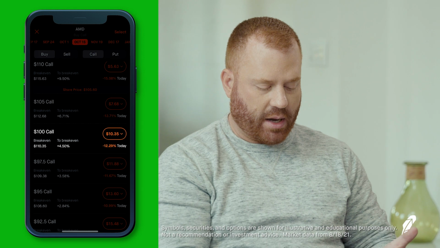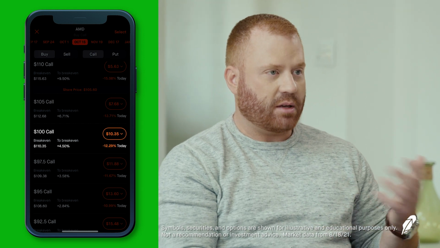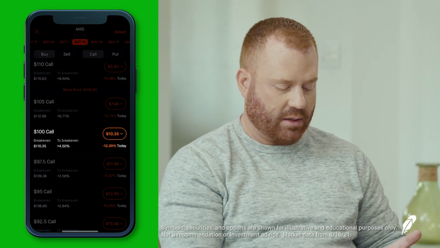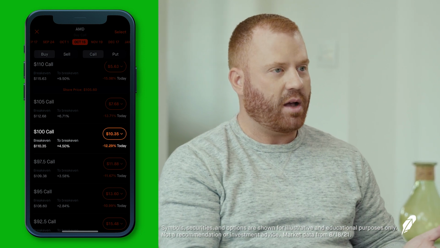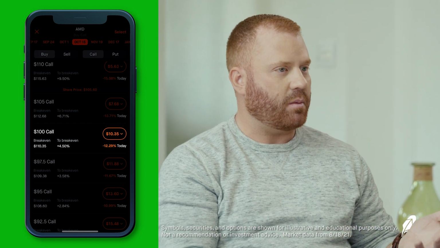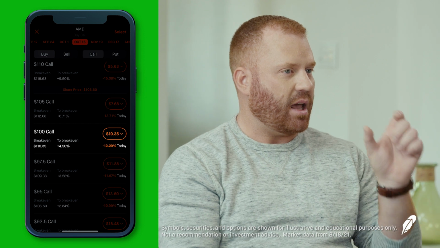They think, oh, I'll just buy this option for $10, exercise my rights to buy the stock at 100, and I could sell it for a $5.50 profit. But you paid $10.33 for the option because we're looking at options that expire in about 60 days, and that's that extrinsic or time value. We're going to talk a little bit about this later in this segment, but that time value is going to differ across different expirations.